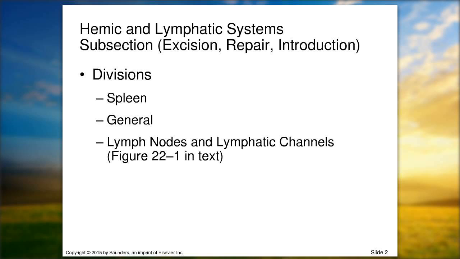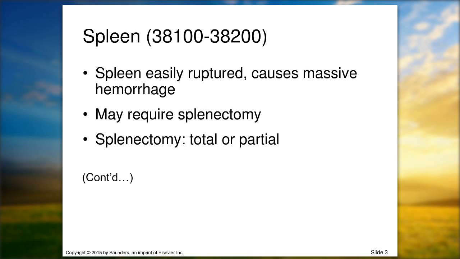On page 643 in your textbook, you'll notice that the codes for spleen are further divided into excision, repair, laparoscopy, and introduction. Now, many times we hear that a person has had to have their spleen removed.